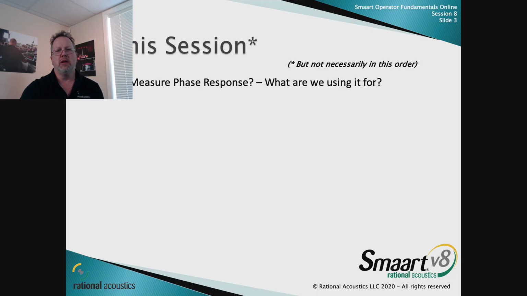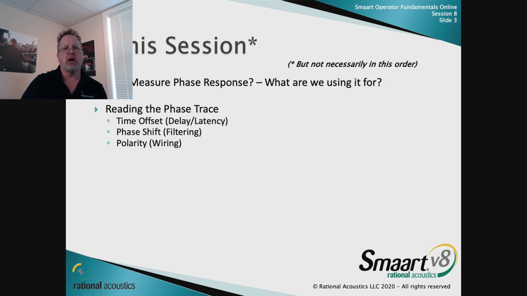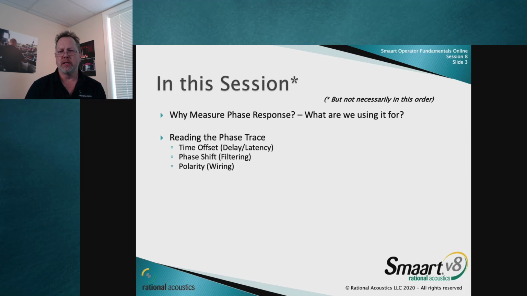In this session, we're going to talk about why we are measuring phase response, what we are using it for. We're going to talk about reading the phase trace. Today we're going to focus mostly on measuring time offset in the phase trace, measuring latency or delay through a system.